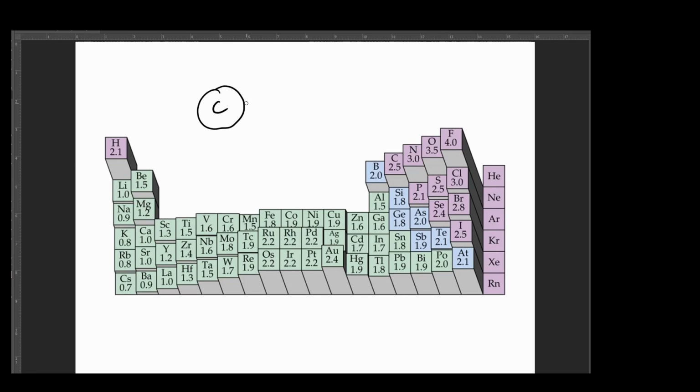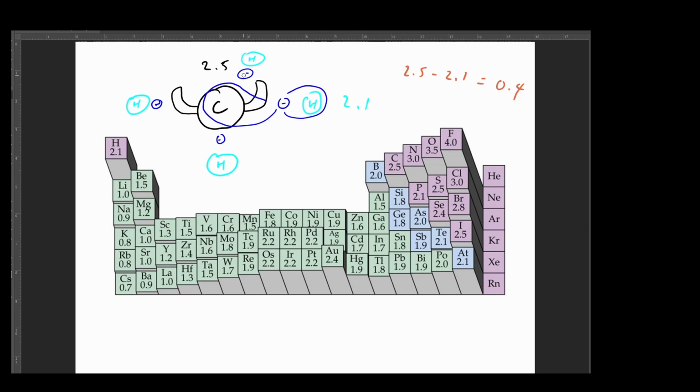We can look at two atoms in a bond and find the difference between their electronegativities. When the difference is very small, maybe like 0.4, then they're pretty equal in strength. They're going to be sharing the electron. So we consider anything lower than 0.4 to be a covalent bond.